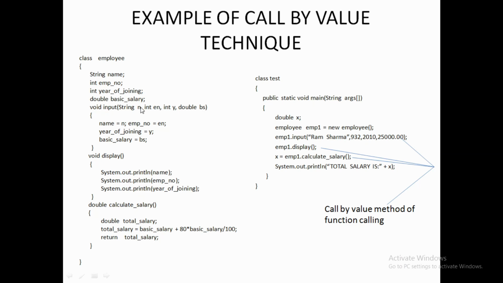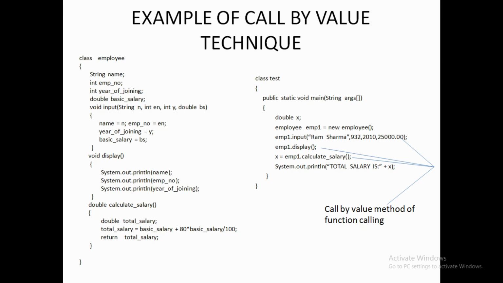That means n will have the value Ram Sharma, en will have the value 932, y will have the value 2010, and bs will have the value 25,000. Inside the input method, these values get stored into the respective fields. That is the body of the input method.